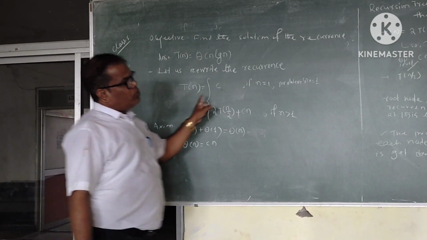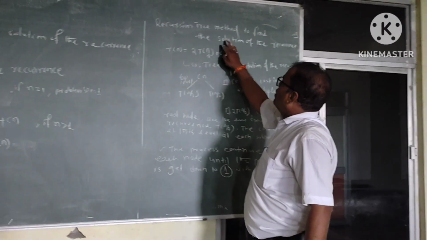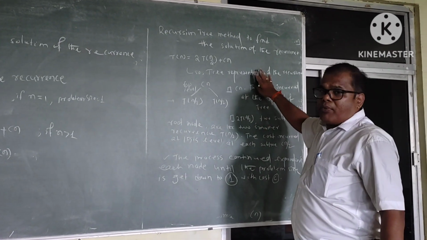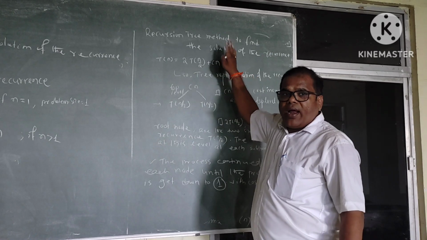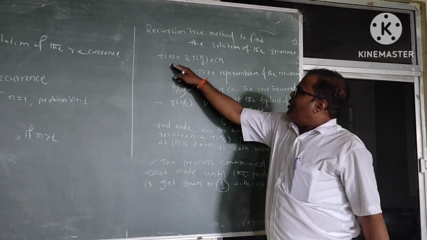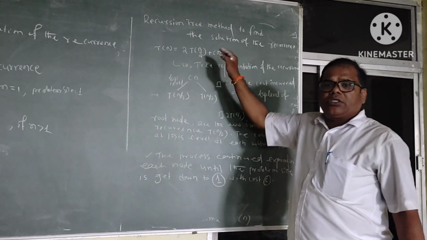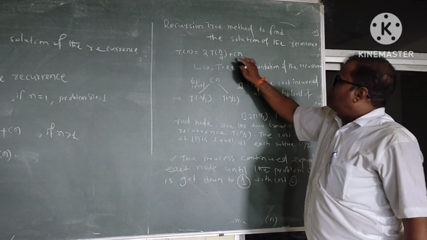So let us come to the solution of the recurrence. We have taken one of the approaches, called the recursion tree method, for finding the solution of the recurrence. What we did here, we have written this recurrence, or this is called a recurrence equation: T of n equals 2T(n by 2) plus Cn.